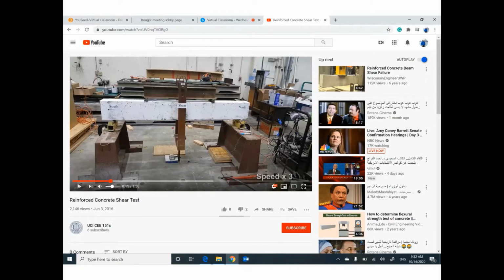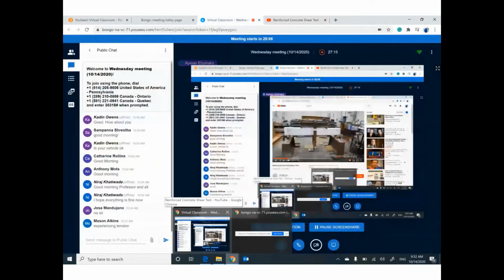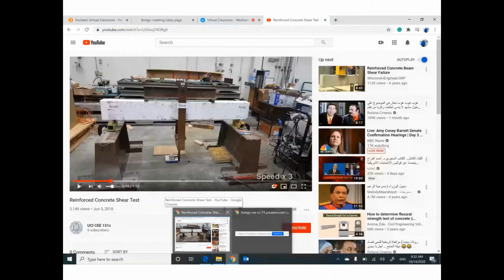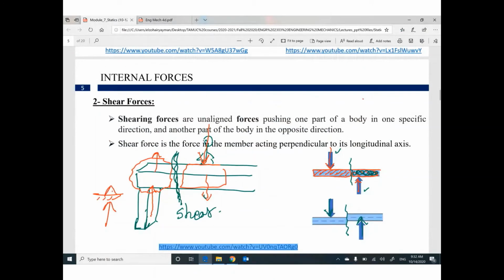So anybody can tell me where I can expect shear? I need an answer. Any student can answer this question. Where can I expect the shearing? Guys, where? At mid span? Quarter span? Where will the shear happen? I told you, if you have a force coming down and a force coming up, the shear will be in between.